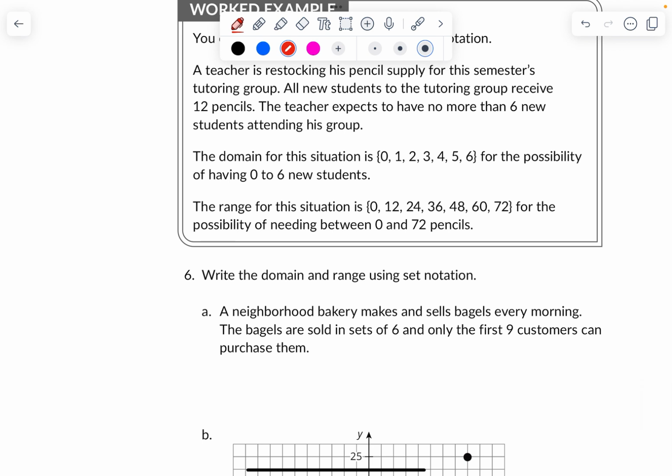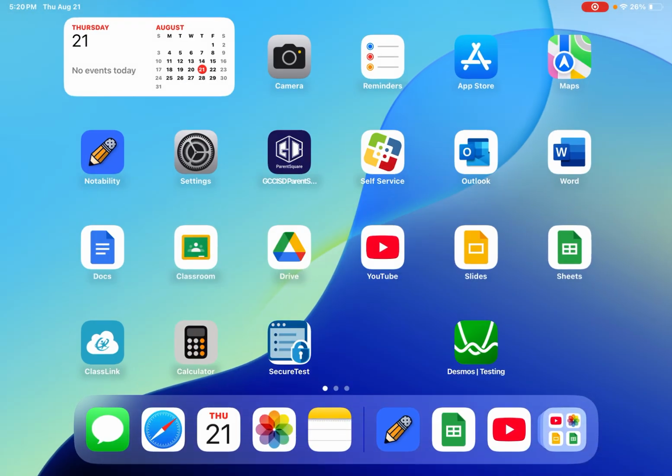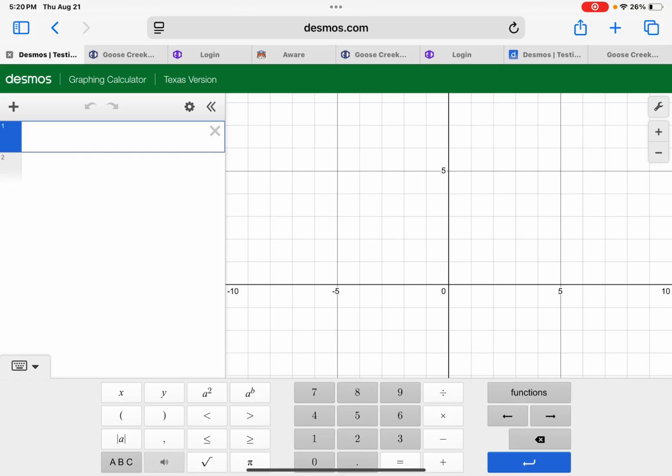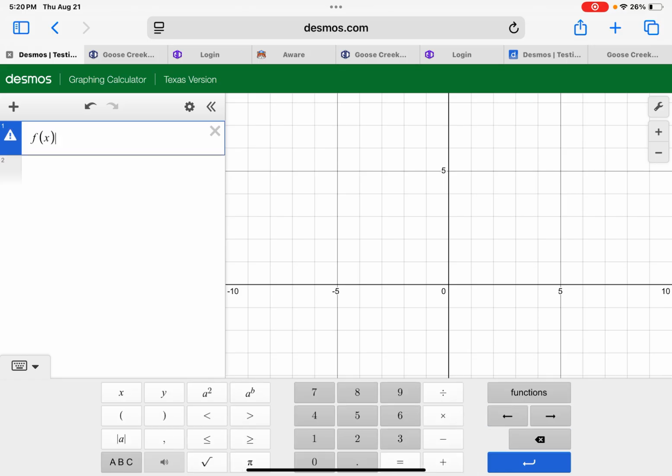When you have a function, once you know what the function is, you should be able to identify your x and y values. I'm going to go back to my Desmos for just a second. In this particular function that I just did, I'm going to do it again. f of x equals 8x plus 15.